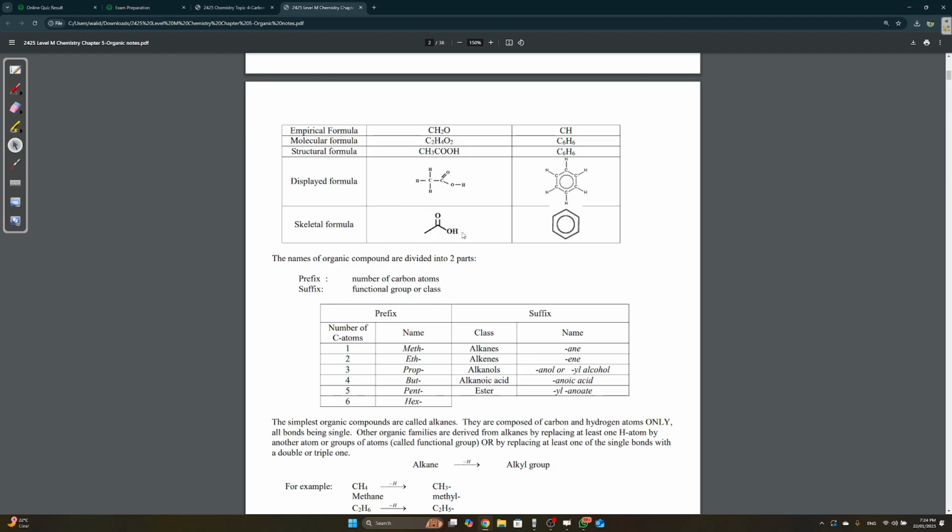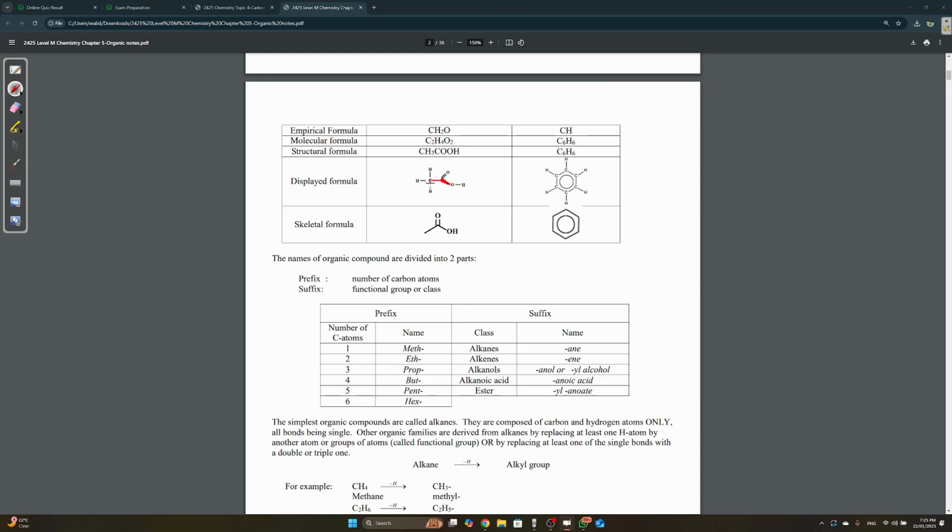Skeletal formula, it looks weird, but you remove the carbons. Just forget about skeletal formula for now. The way they drew the skeletal formula for this is basically you remove the carbons and you consider it one line, okay? And over here you remove the carbon, you consider it one line.